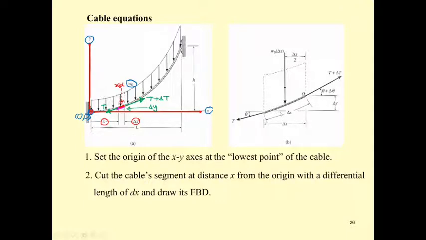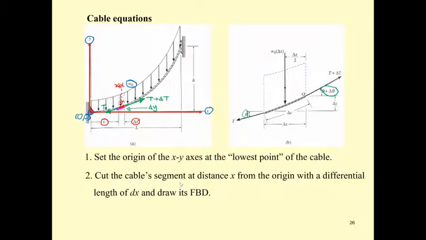Now, if the force T has the angle theta here, when the force T increases to T plus delta T due to the change of the force in the cable, we also have the angle theta plus delta theta. So we cut the cable into a small segment.